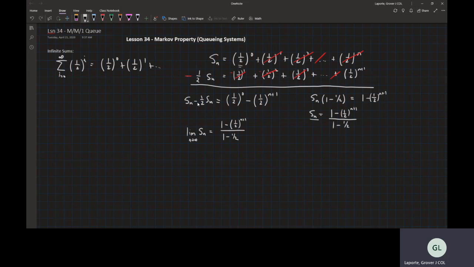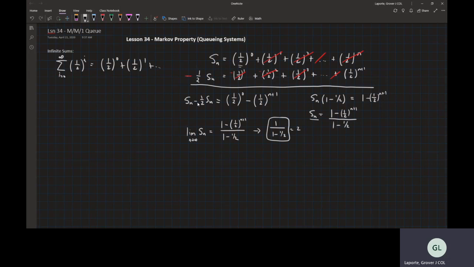As long as the thing we're taking to powers, in this case 1/2, is less than 1, then taking it to infinity goes to 0. In other words, a number between 0 and 1 taken to infinity goes to 0. So this goes to 1 over 1 minus 1/2, which is equal to 2. But I want to leave it in this form just for a second.